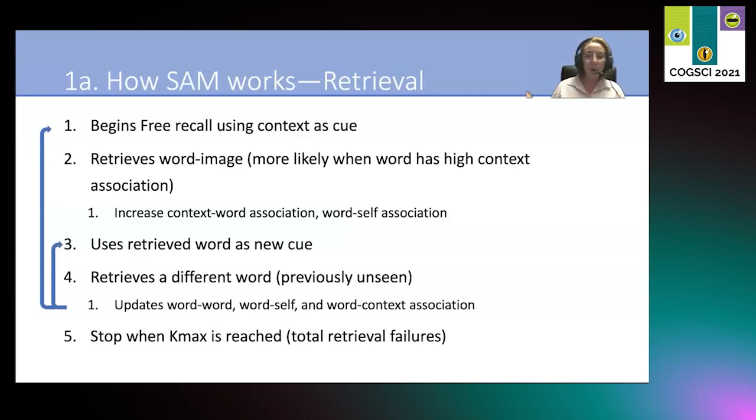Once a word is recalled, that word is then used as a cue to search for other words. Words that are recalled in this phase are likely to be highly associated with the cue word, so these words would have spent more time together in the buffer during encoding. And this cycle continues until a stopping parameter is reached.